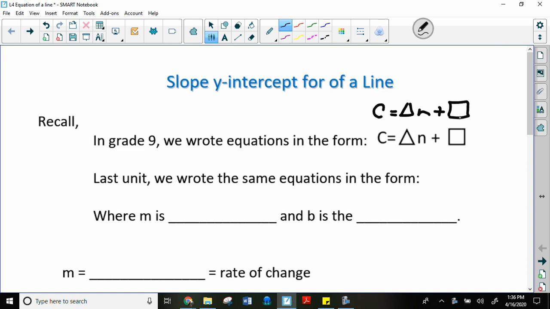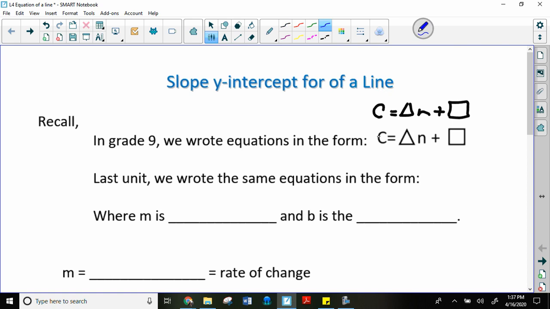That was your initial cost, how much you had to pay, and then how much you paid per minute on top of that, or how much you had to pay for the vehicle, and then how much it's going to cost you in gas per kilometer. So that was our focus in the 9 applied.